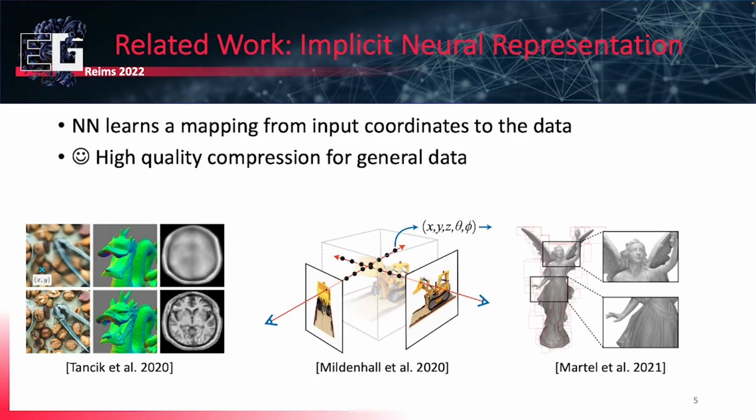Recently, neural implicit representations have been applied to various types of data, including 2D images and 3D shapes, and shown to be able to reconstruct highly complex data with a compact neural network. That means they can work as a learning-based high-quality compression algorithm for general data.